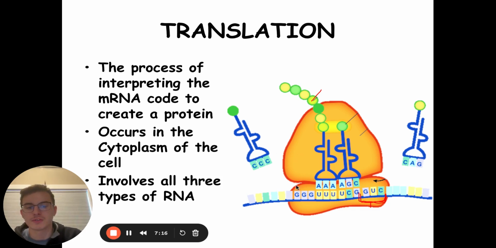This big orange block, that is rRNA. All it is a ribosome, okay? So our message has met up with a ribosome, and we call the ribosome rRNA. The 3rd type of RNA is this guy right here, okay? These are called tRNAs, and they're very important. tRNA stands for transfer RNA.